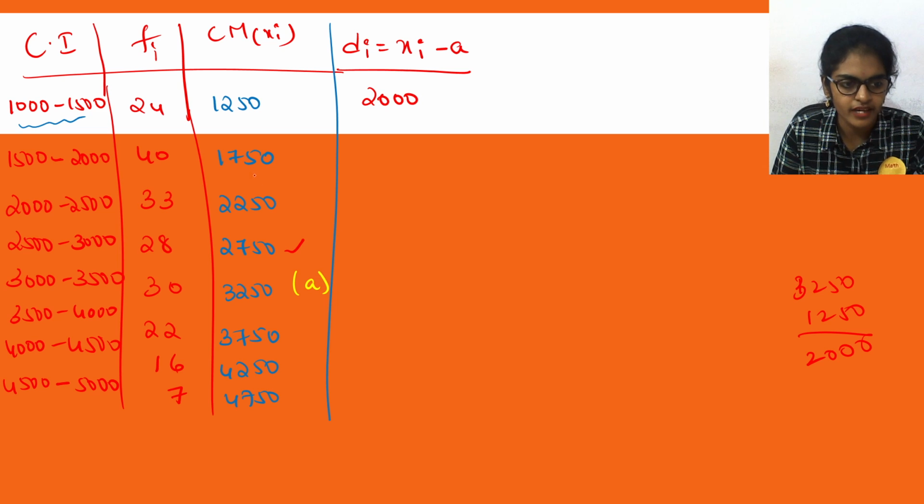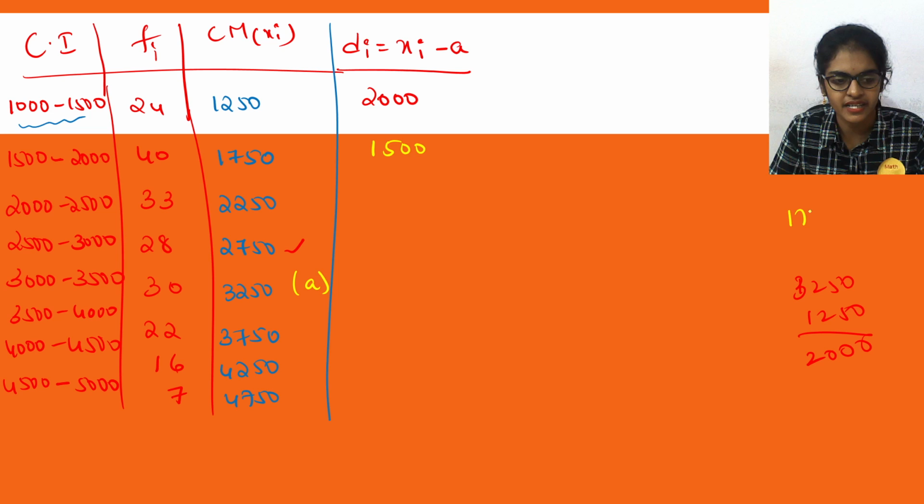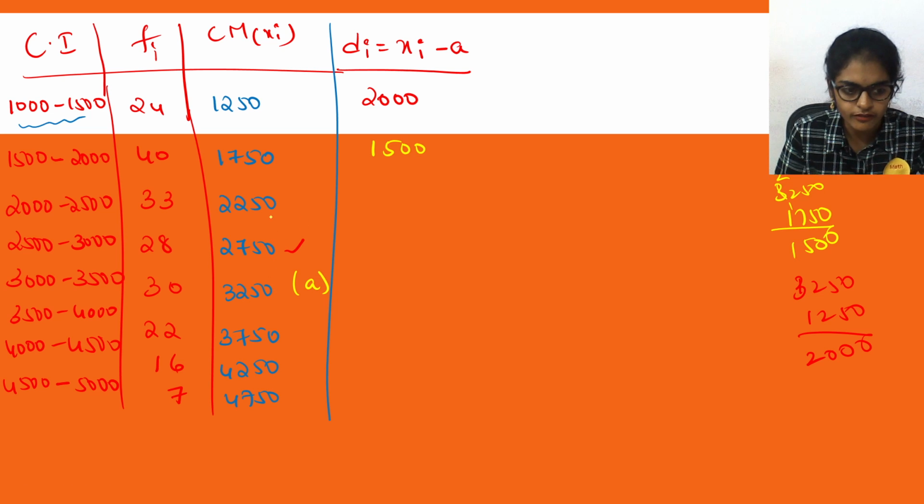The next one, 1750 minus 3250, you will get minus 1500 here. Then 2250 minus 3250, you will get minus 1000.